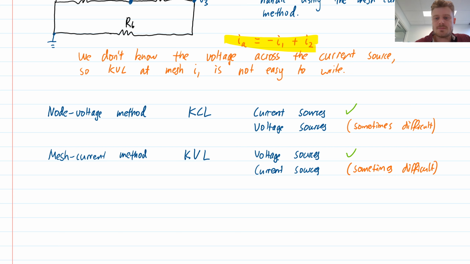Here it is sometimes difficult, but we solve this challenge by using a super node, and over here the challenge is solved using a super mesh. So that's the pattern or relationship between these different problem solving strategies.